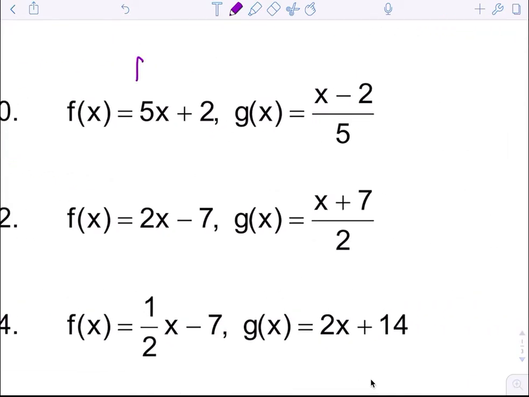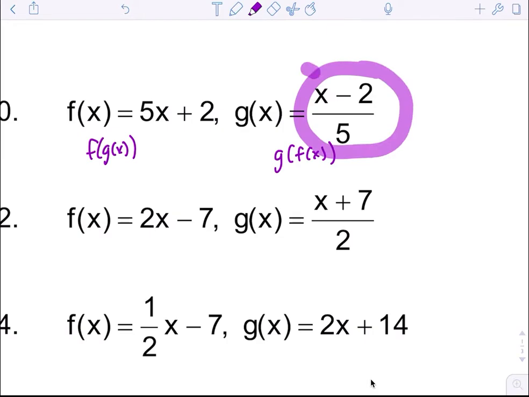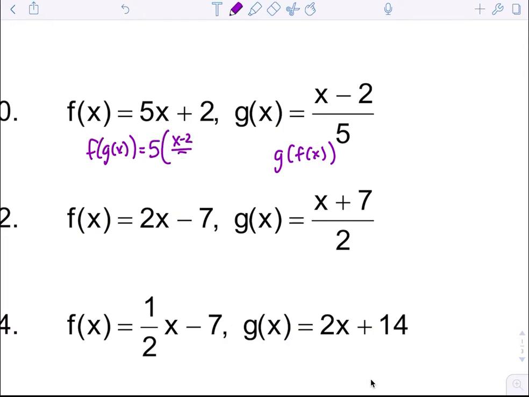So again, f of g of x. And we're going to test g of f of x. So for this first one, f of g of x, we are going to substitute this whole thing in for this x and solve. So 5 times x minus 2 all over 5, plus 2.